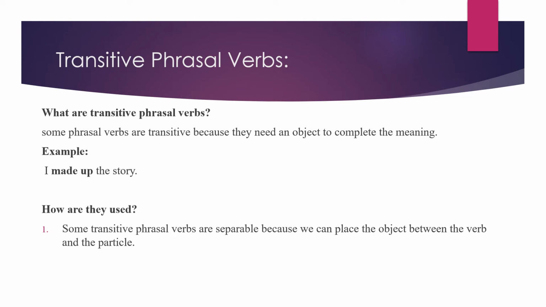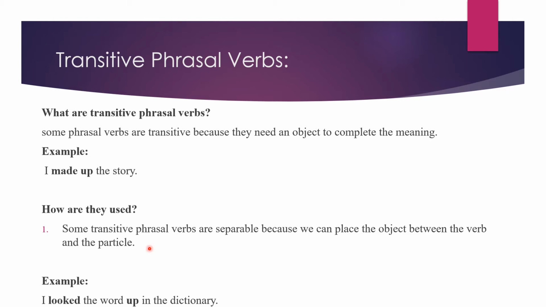Now we will see the different ways in which these phrasal verbs are used. The first one is, some transitive phrasal verbs are separable because we can place the object between the verb and the particle. The particle is the preposition or the adverb that is placed after the verb. So over here made is the verb and up is the particle.